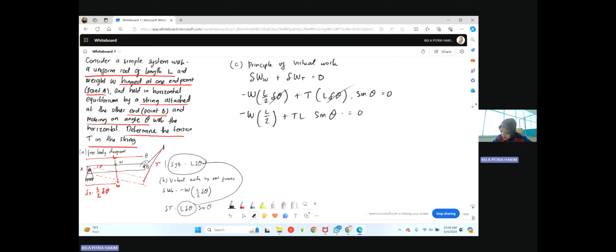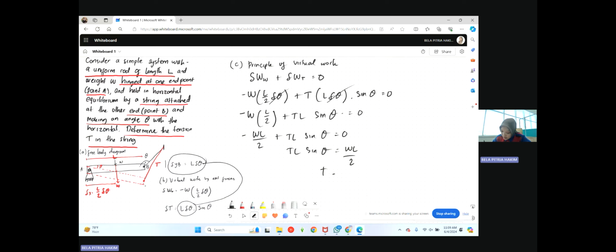Now we calculate this: minus W L per 2 plus T L sin θ equals 0. Because the one we are looking for is the tension, we focus on T here. T L sin θ equals W L per 2.